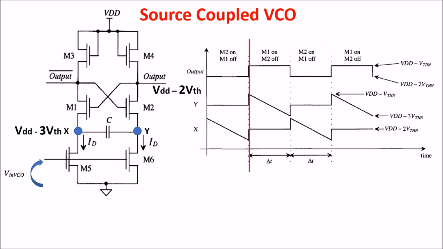The voltage on both plates of the capacitor immediately increases by a V threshold, as well as the voltage on the output, which becomes VDD minus V threshold. Things go on in this way, and the circuit output oscillates between VDD minus 2V threshold and VDD minus 1V threshold.